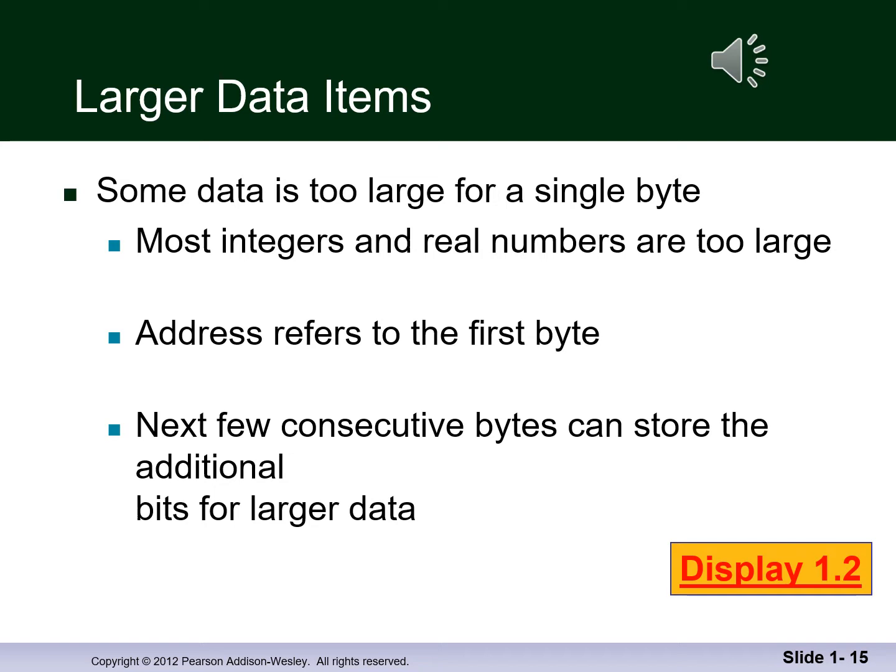The address for a memory location storing an integer or a double or a float, and we'll talk about those data types soon, refers to just the first byte. The next few consecutive bytes can store the additional bits for larger data, depending upon the type of data we're storing, and we'll get to that real quickly.